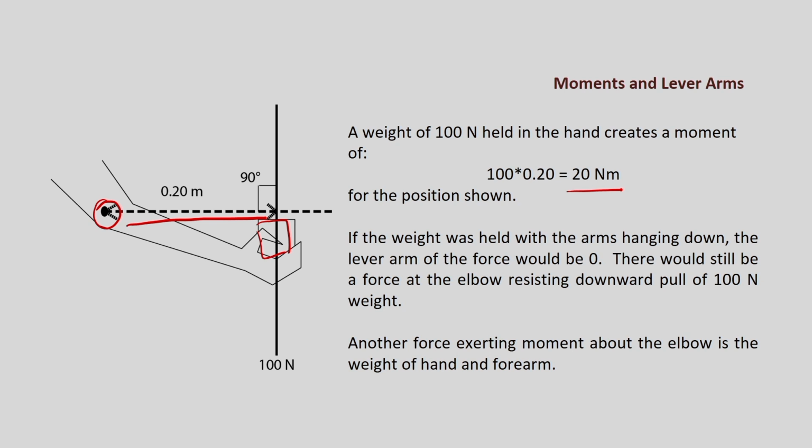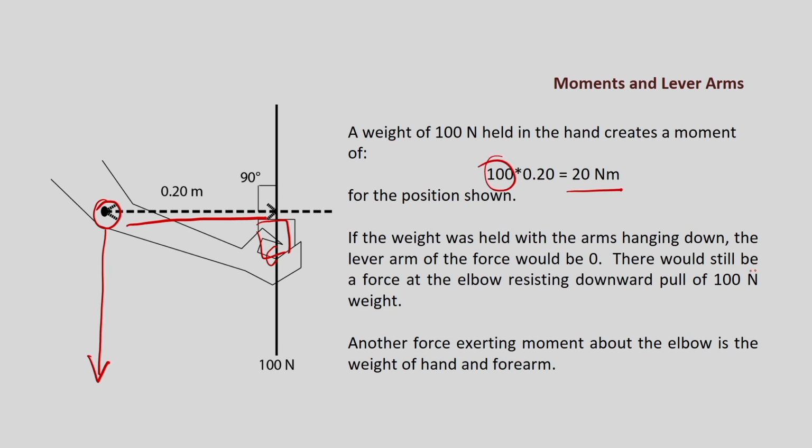Okay. So, if this particular weight was held with arms hanging down, not here, if it is here, then what will happen? The lever arm would be 0, because the weight is coming straight down, although this 100 Newton is already there.